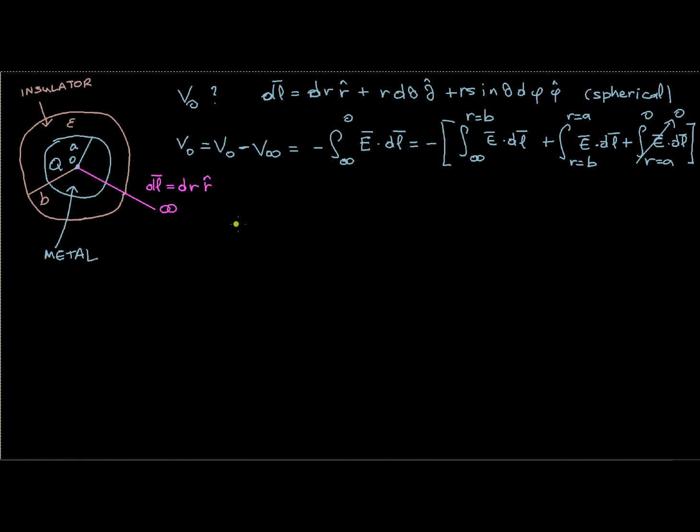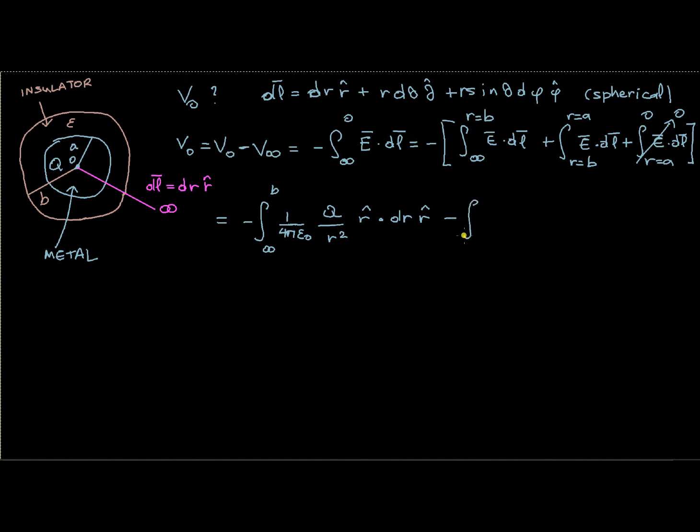So I have minus, going from infinity to b, the electric field vector, which I found to be 1 over 4 pi epsilon naught q divided by r squared r hat, dot product with dl, and as I said, for dl I'm going to use dr r hat.